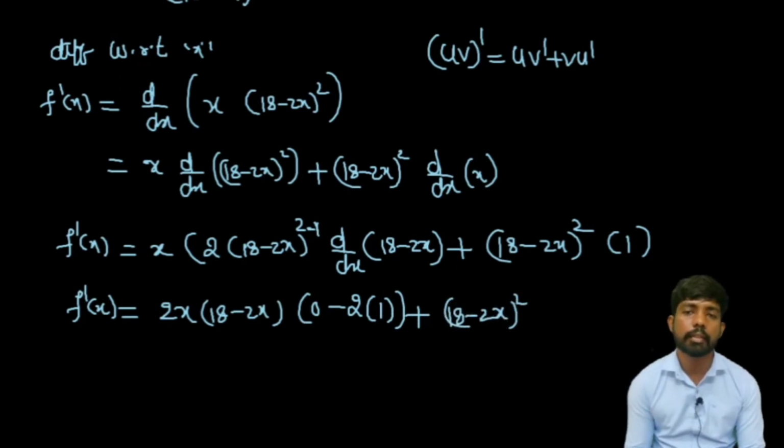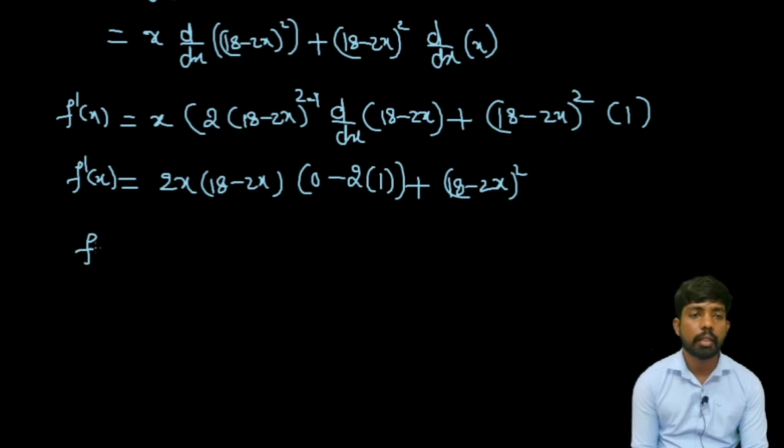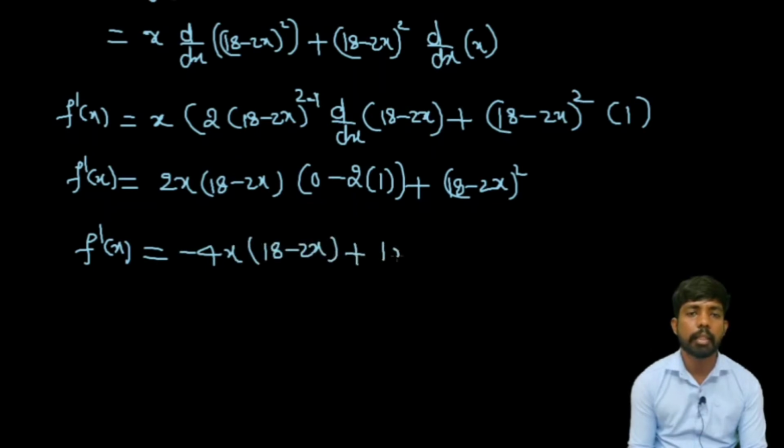So f dash of x is minus 4x (18 minus 2x) plus (18 minus 2x) whole square.